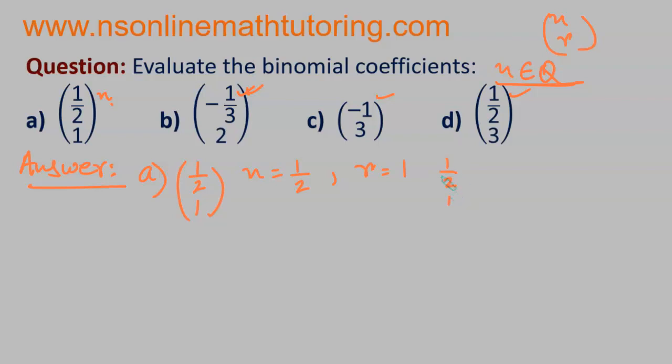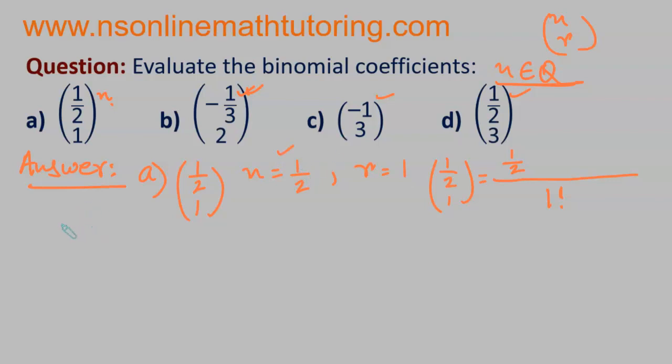Half C1 is equal to, the denominator will be r factorial, that is 1 factorial. And the numerator will start with half, that is n. Where will it end? It will end where r minus 1, with r equal to 1, so 1 minus 1, that is 0, gets subtracted from the value of n.